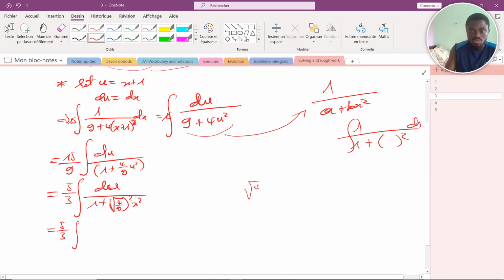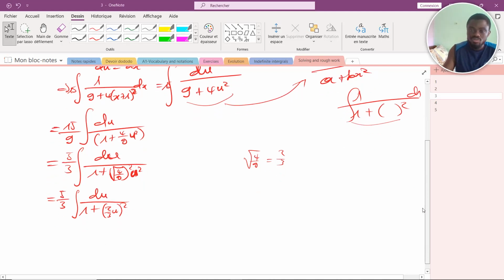And we know that the square root of 4 on 9 will be 2 on 3. So this will be du on 1 plus 2 on 3 u squared. This is u, not x squared, u squared. Now, we are already in this form where we have 1 plus something or that squared.